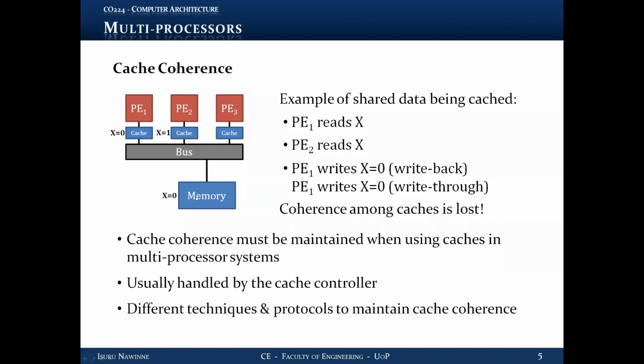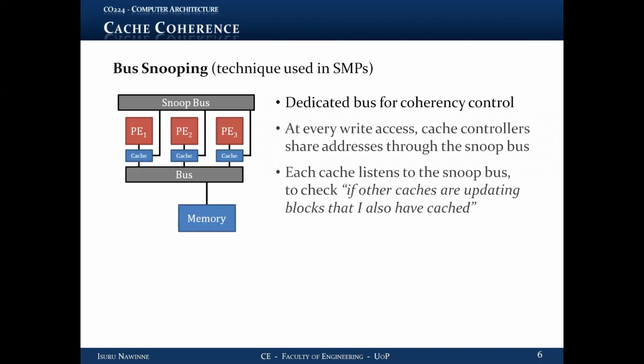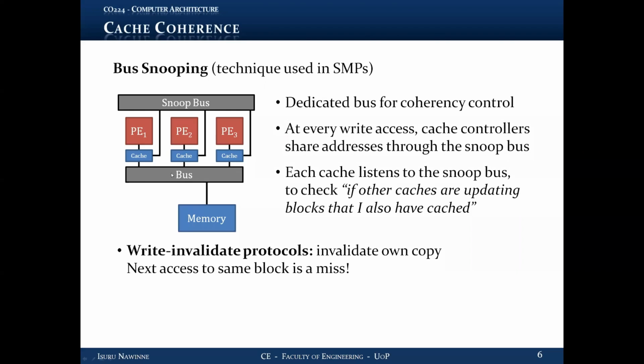So it needs to go to the memory and fetch the missing data. If the memory is kept up to date, that is fine. Or else it needs to go and ask the other cache. You can have different approaches to find the missing data, but the key idea is you mark the block as invalid, so you won't read incorrect data. That was the problem, reading incorrect data. We can avoid that problem by using a write invalidate type protocol: invalidate your own copy if somebody else performs an update to the same address.